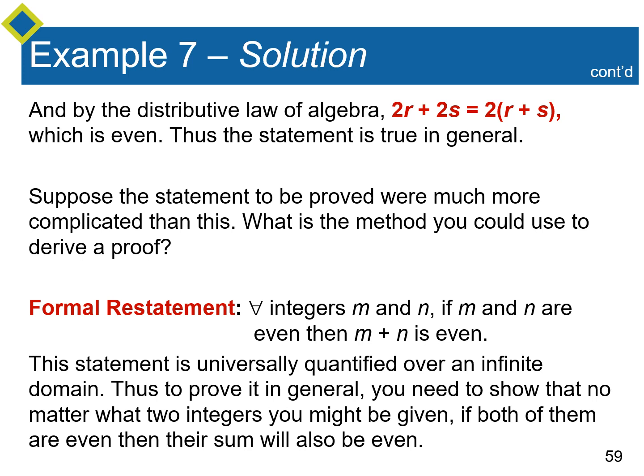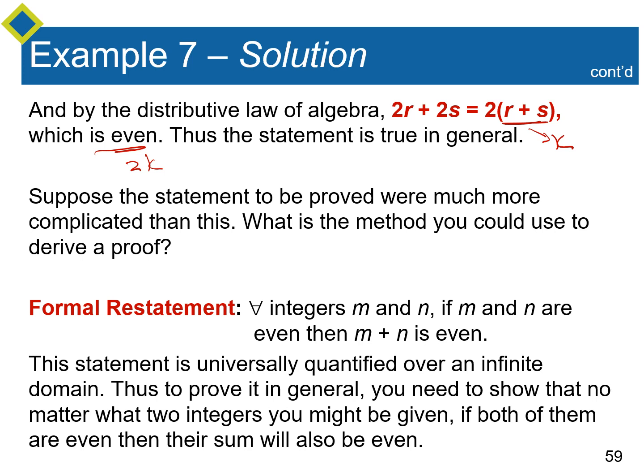By the distributive law of algebra, we get 2r plus 2s equals 2 times (r plus s), which is even, because by the definition, even is 2k. So r plus s becomes k. The statements to be proved are much more complicated than this. So the method to use to derive a proof, actually we have 3 steps.